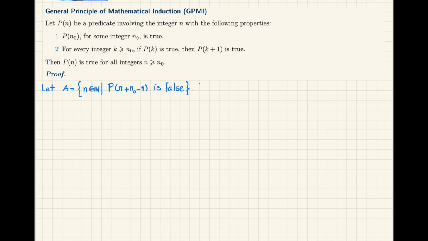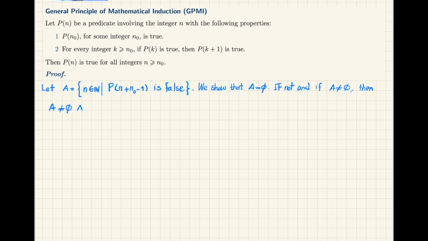So we show that A is empty. If not, if A is not empty, then what do we have? The way that I constructed A, I see that A is a subset of the natural numbers, because I am saying that A is the set of natural numbers satisfying an extra condition.